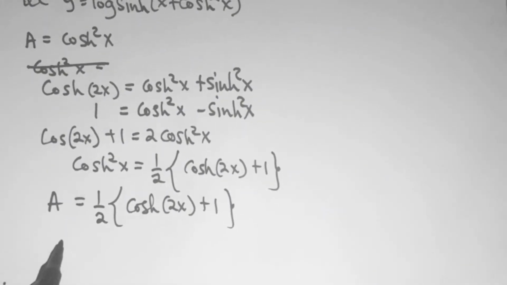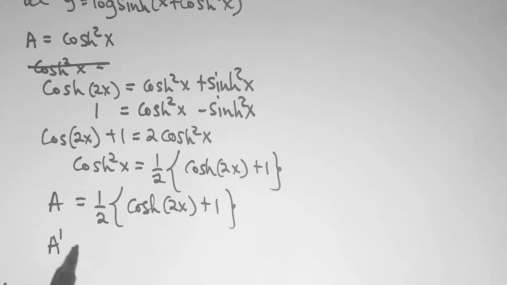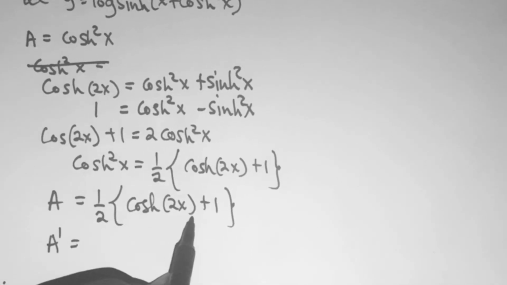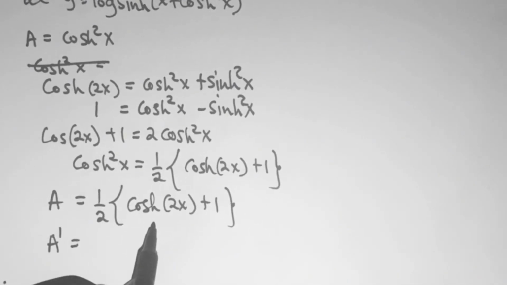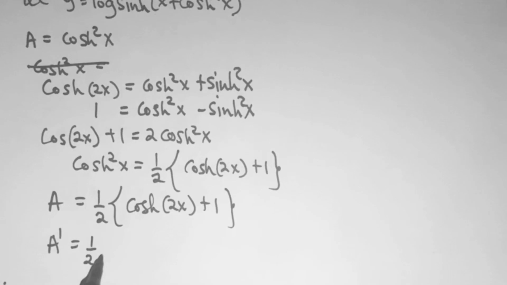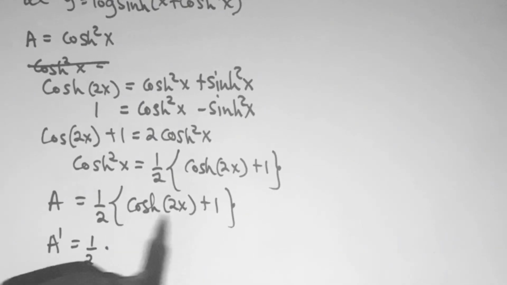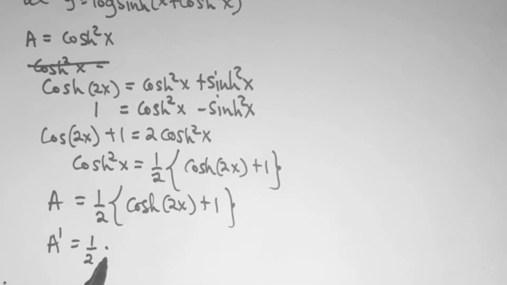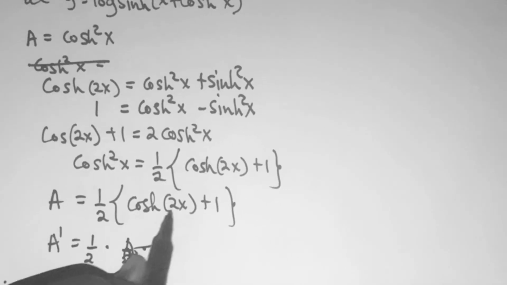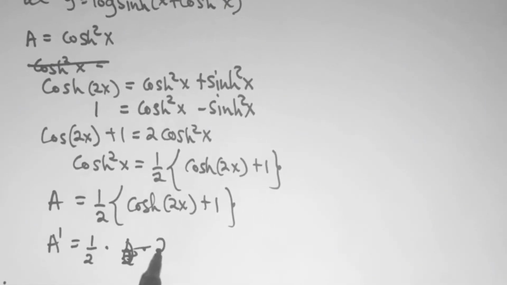So we can now differentiate A. So A prime is equal to, we first differentiate what is inside the bracket. So this is a constant, half, times. If you differentiate cos 2x, you first differentiate 2x, you get 2.